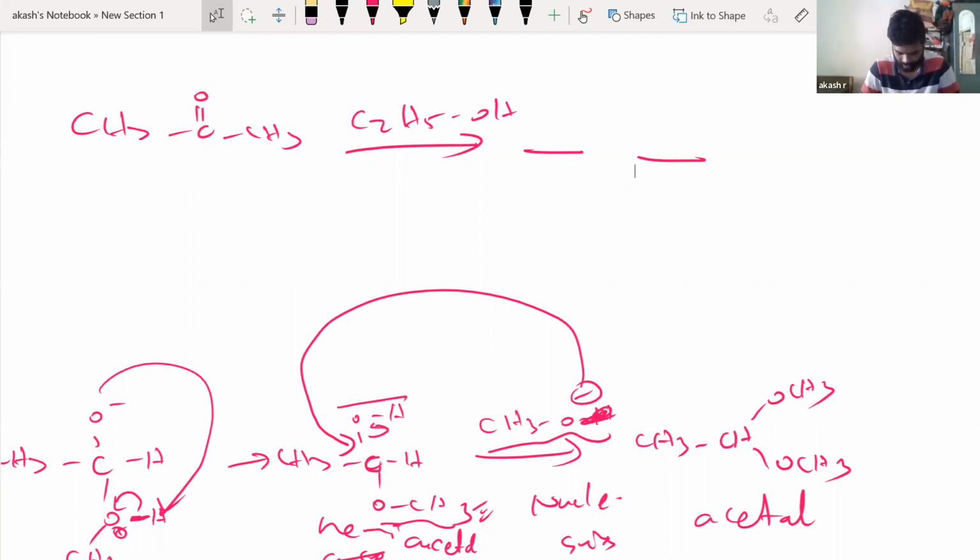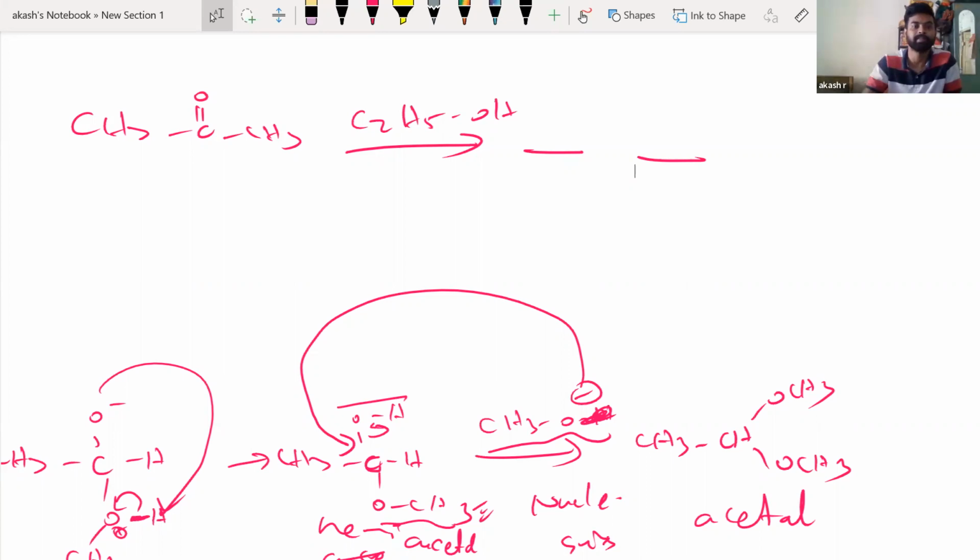Let me check. Okay, that attacks and that one breaks and the OH is taken. That is the hemiacetal. Okay, OH and OC2H5. Okay, done. And that is going to attack and the OH is gone. Okay, good. That is also right.